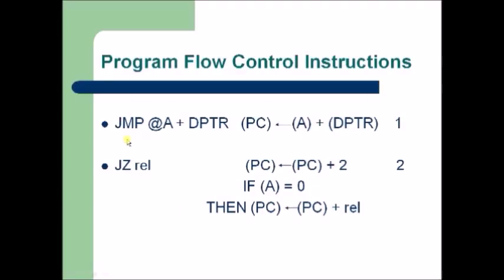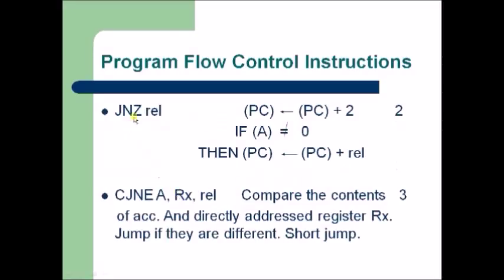And then we have JMP @A plus DPTR. It is going to jump to the specified location, which is formed by adding the contents of A and DPTR. Then JZ, jump if 0, to the relative address: if the accumulator is 0, then the control will be transferred to the specified relative address. Now JNZ, jump if non-zero, to the relative address: if A is not equal to 0, then control will be transferred to this relative address.